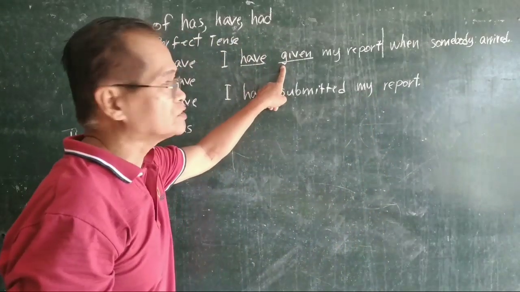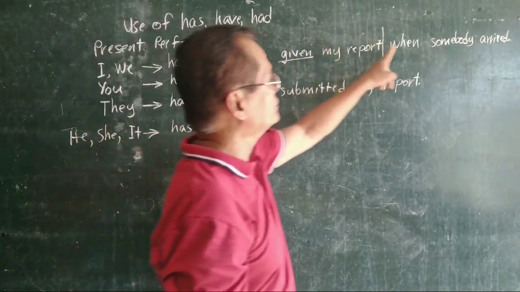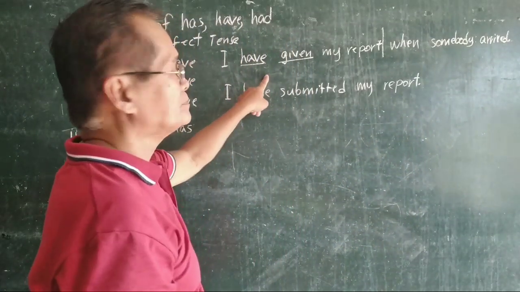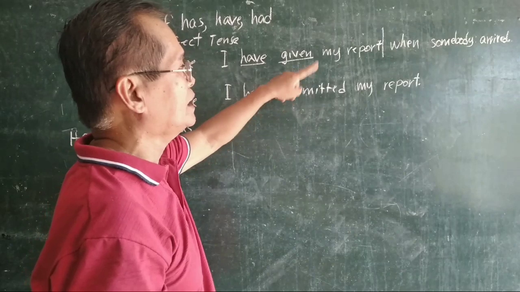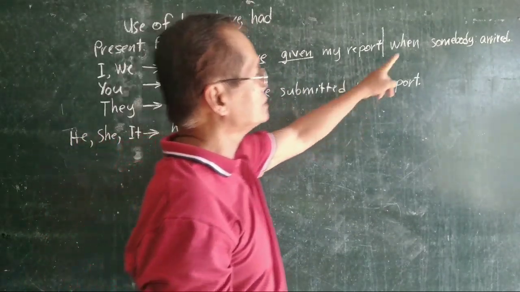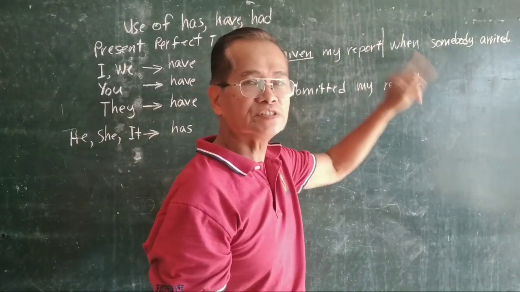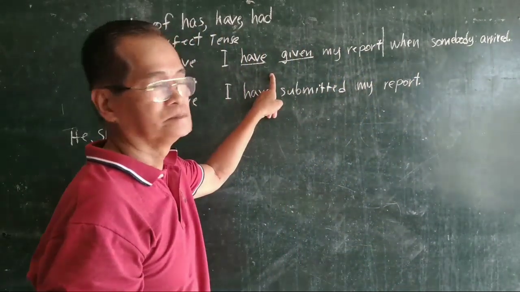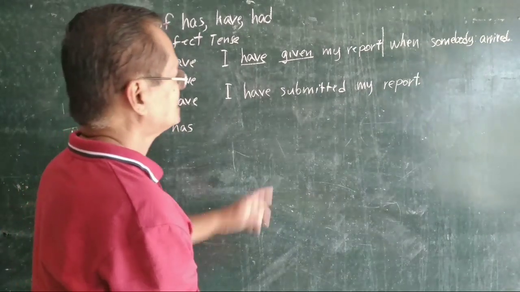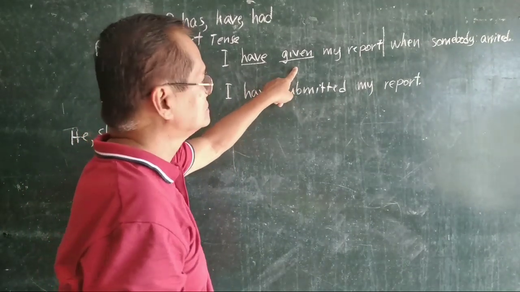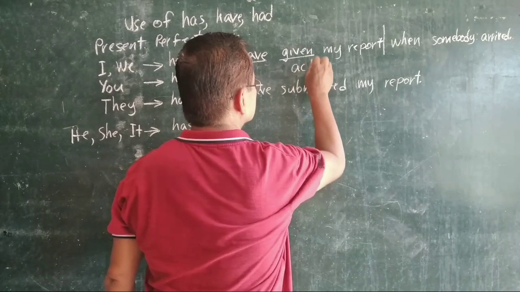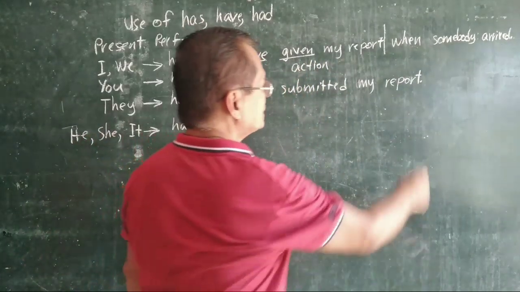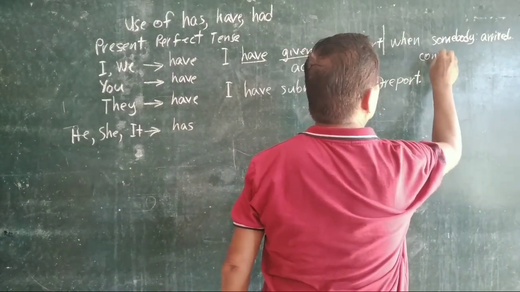We have the independent clause and we have the subordinate clause. In the first part, this is the action that happened in the past. And in the second part, this is the consequence that resulted from the action. In other words, this is the action in the past, and this is the consequence.